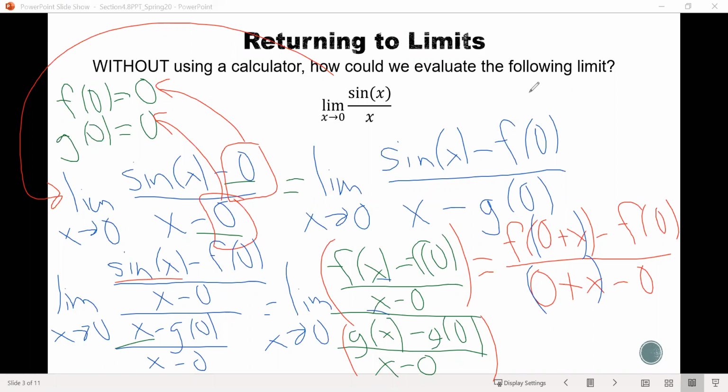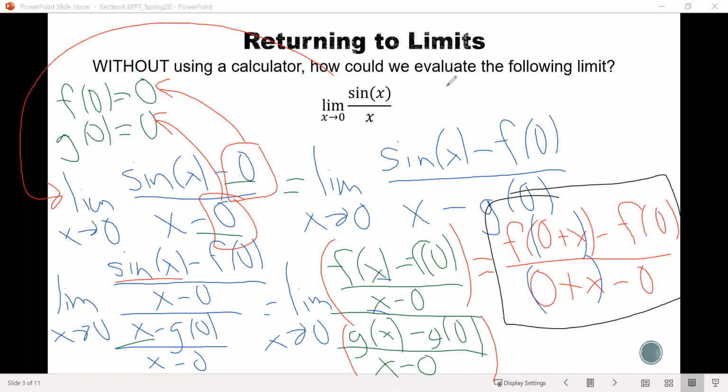And here's the moral of the story on this part: what we have here now, this f of 0 plus x minus f of 0 over 0 plus x minus 0, hopefully you recognize that looks very similar to our limit definition of the derivative.